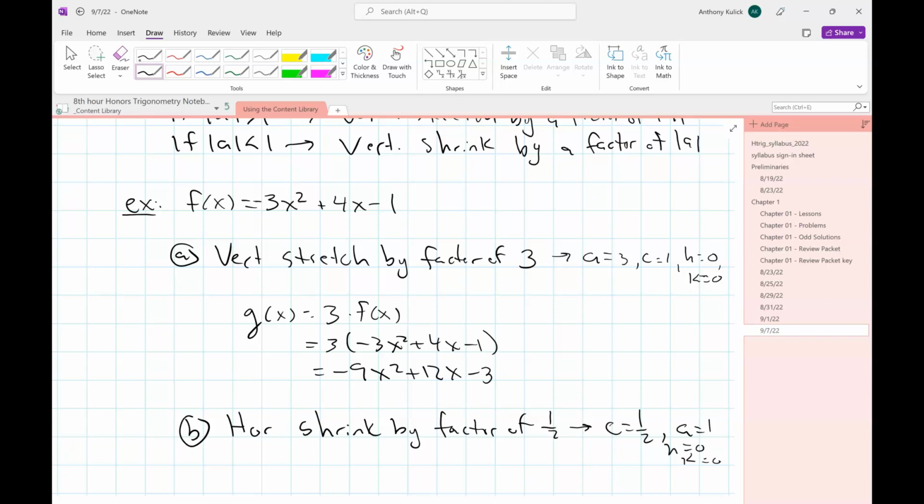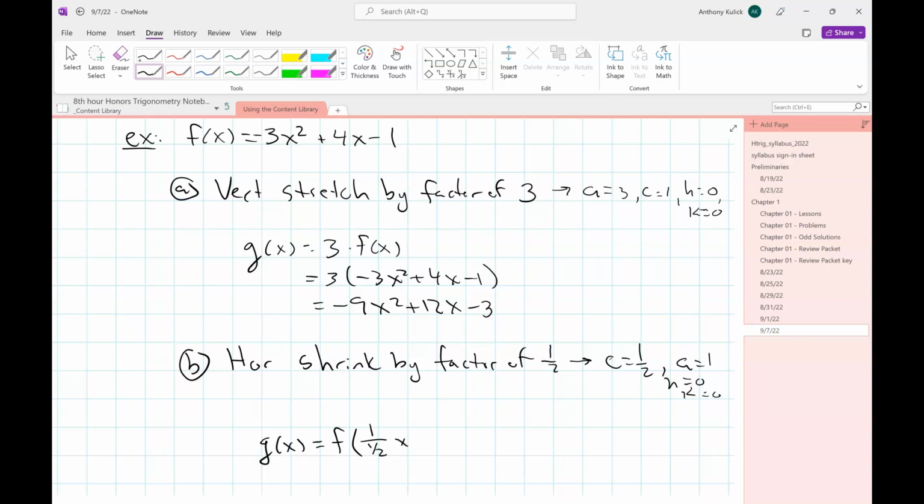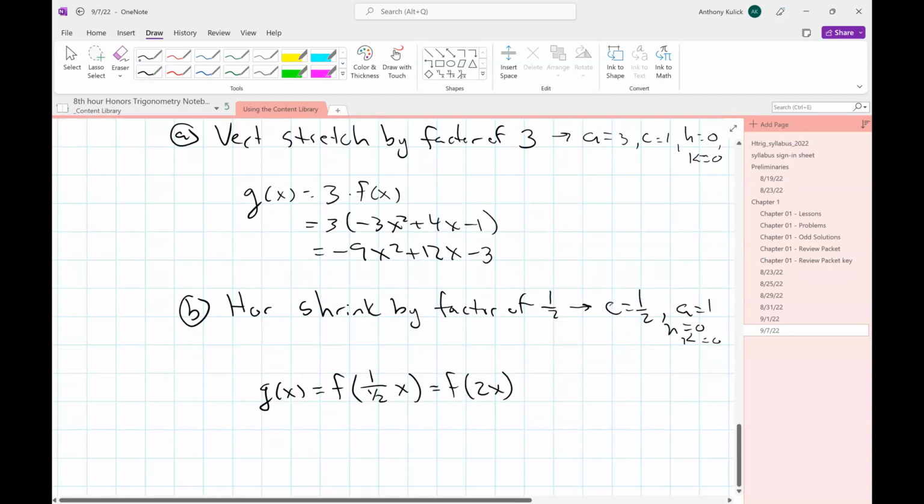Okay. Another example, horizontal shrink by a factor of 1/2. So here, got to be a little bit careful. This is going to be f of 1 over 1/2, which is just 2x. Oh, fractions.